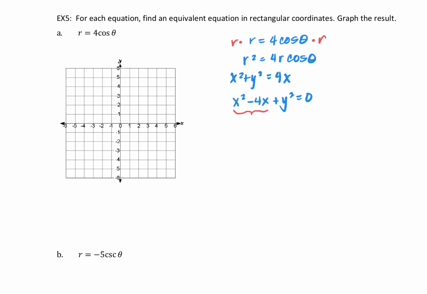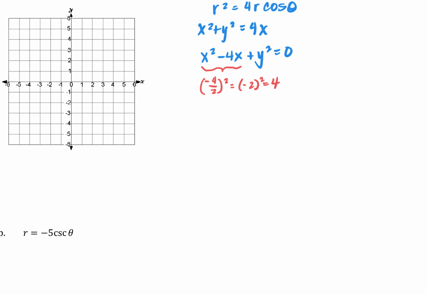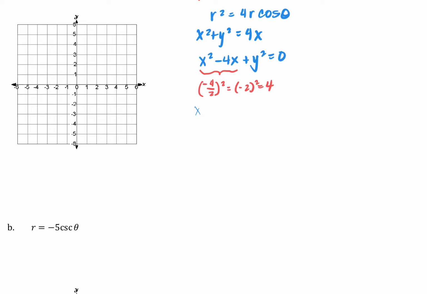So remember how we complete the square. We take the negative 4, take half, and square it. So that's equal to negative 2 squared, or positive 4. So I'm going to add 4. But I have to add it to both sides so that I keep that equation balanced.